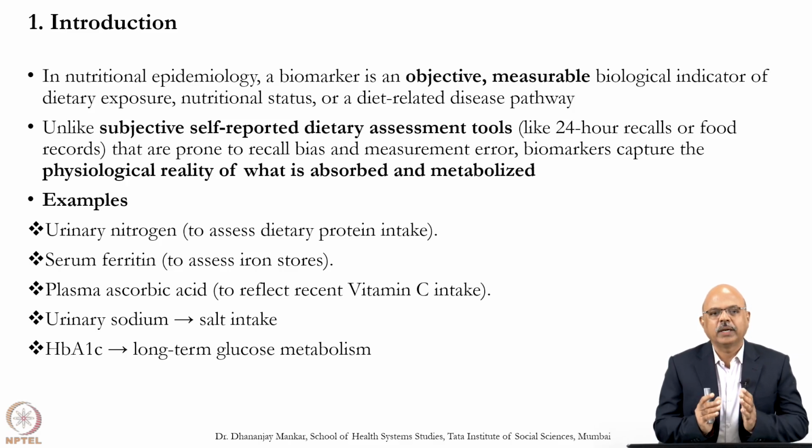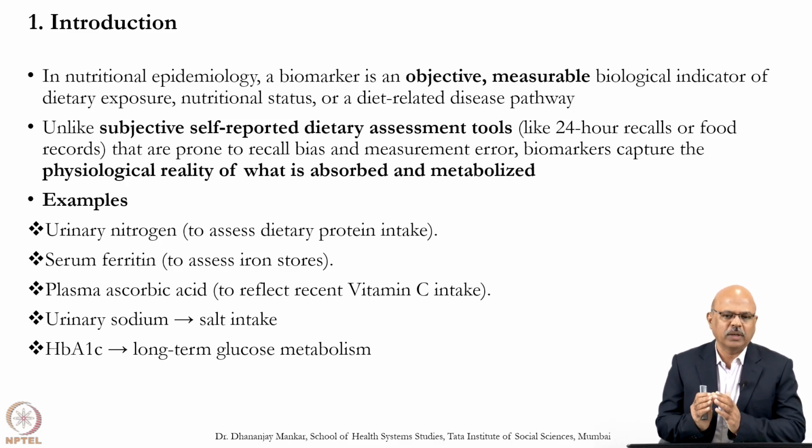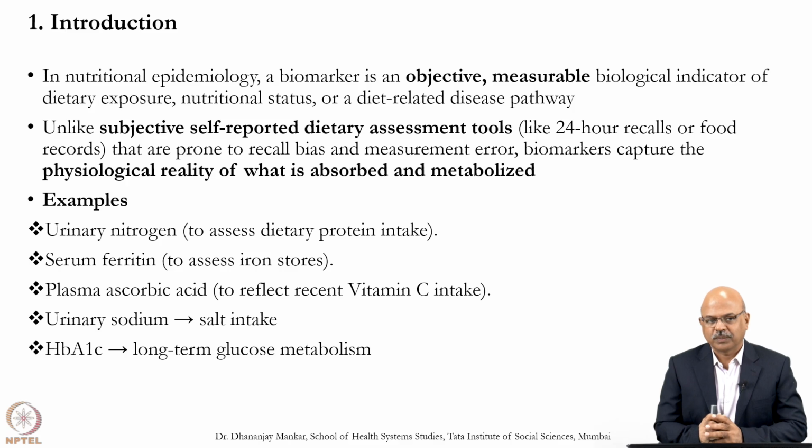Nowadays there is a growing importance of biomarkers. Examples: urinary nitrogen to assess dietary protein intake, which is very important in kidney patients. Serum ferritin to assess iron stores, which is important for iron absorption studies.